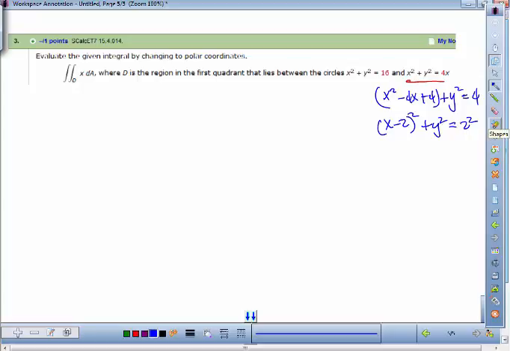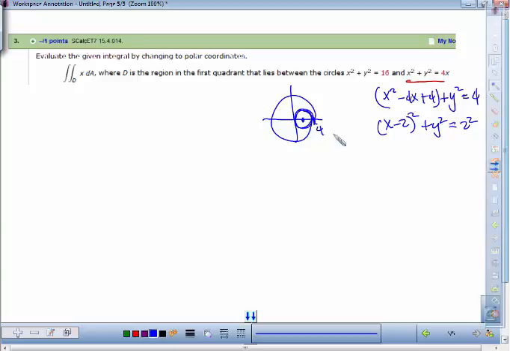So the center is now going to be at 2, 0. So we've got a circle of radius 4 and another circle at 2, 0 with radius 2. And you just want the region that lies between this and the first quadrant. So you just want this little bit over here in the first quadrant.